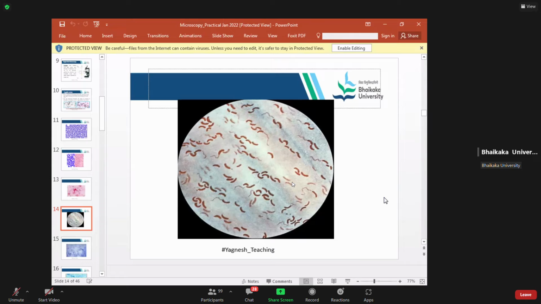So you can associate this disease and the presence of comma bacilli with cholera. So you can write: plenty of gram-negative comma bacilli are seen, suggestive of Vibrio cholerae. Now you can do further examination and finalize the report, but within 1 hour you can write this.